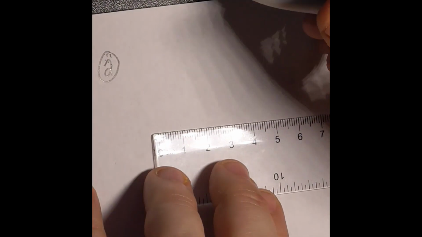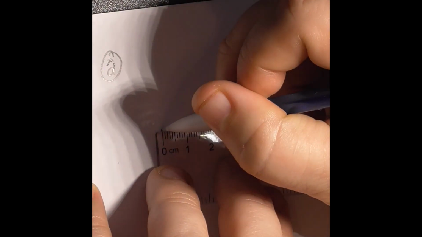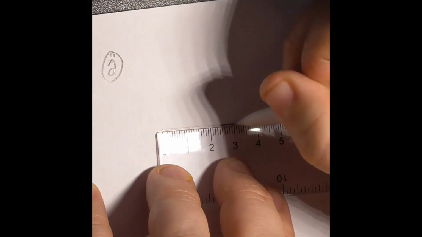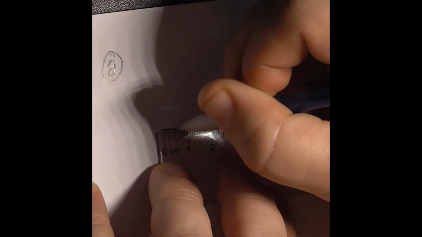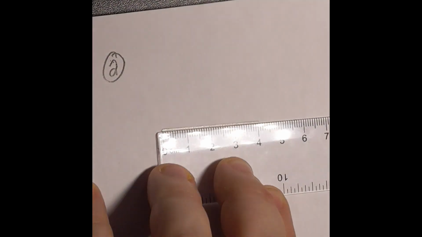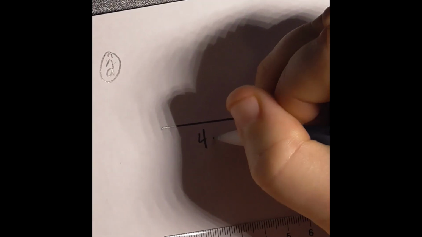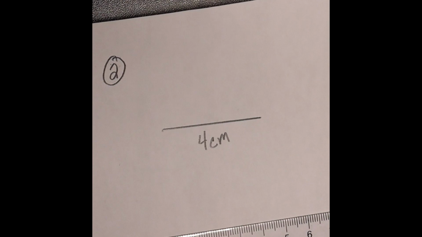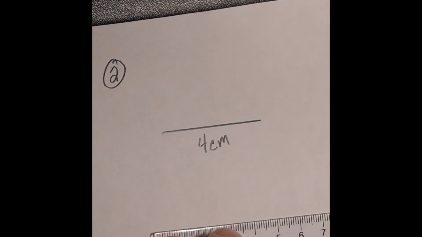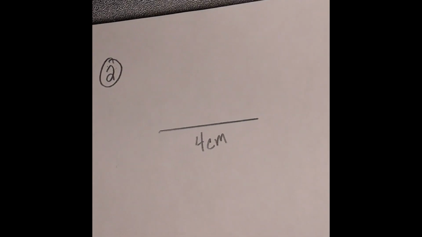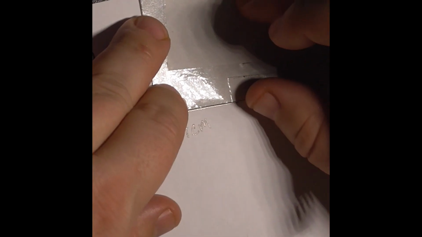But it's way easier just to make sure that your lines are the same length. So just like we did 4 centimeters over 4 centimeters on the first one, I'm going to go ahead and do another 4 centimeter line. So here's my 4 centimeter line. And I'm going to go ahead and label that as 4 centimeters. And then taking my set square just like I did before, I'm going to line that set square up with my base.